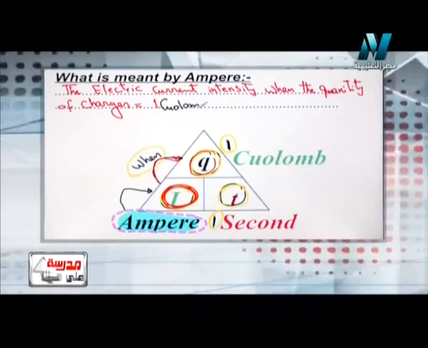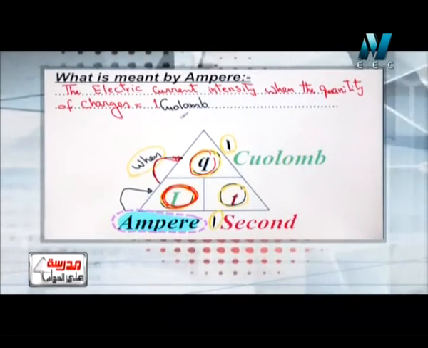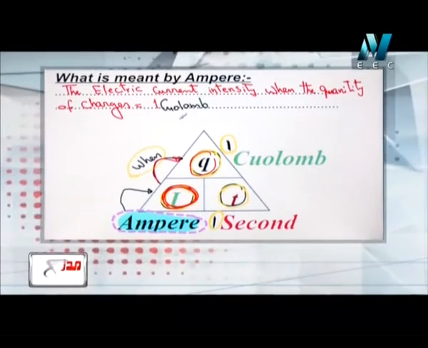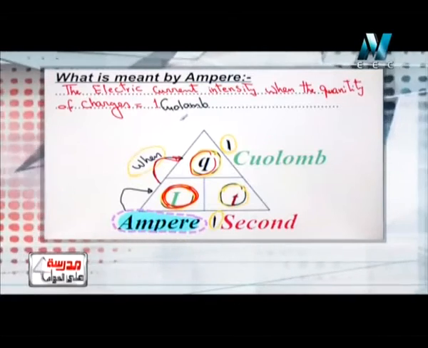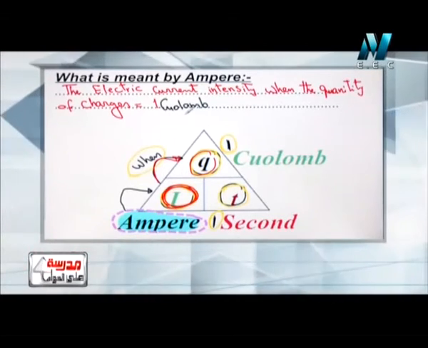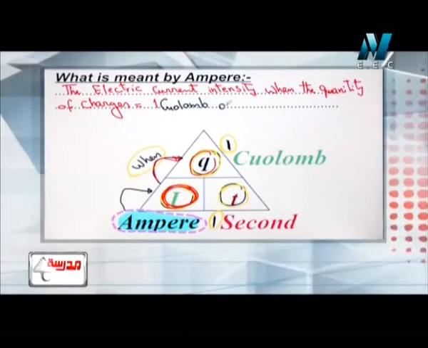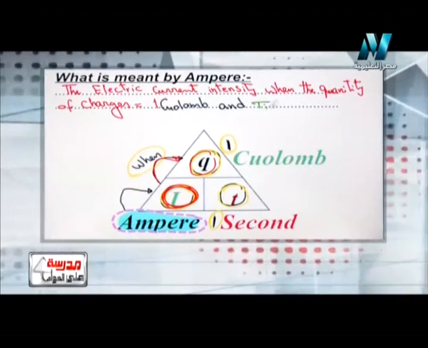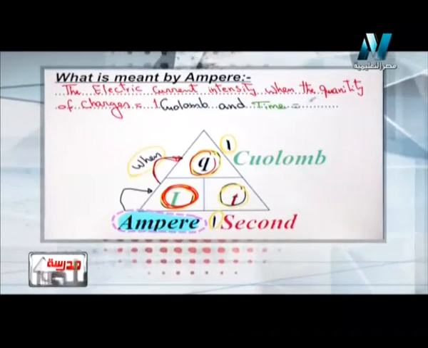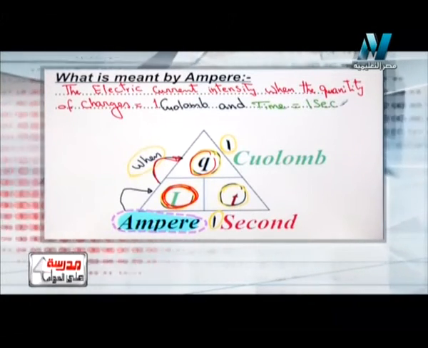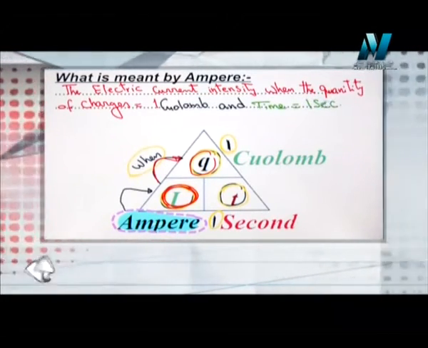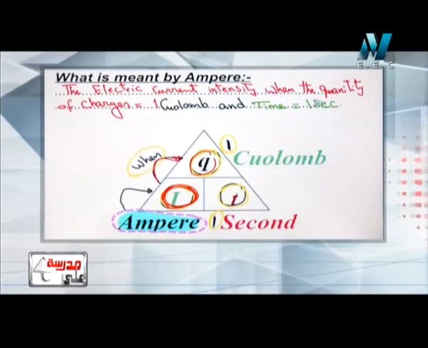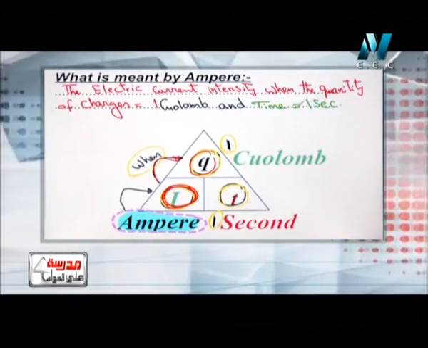Be careful: coulomb is the measuring unit of the quantity of charge. By the way, coulomb is the name of a scientist, and the letter b will be silent, we don't pronounce it. Okay, and time equals 1 second. So now we know what is meant by ampere from the magic triangle.